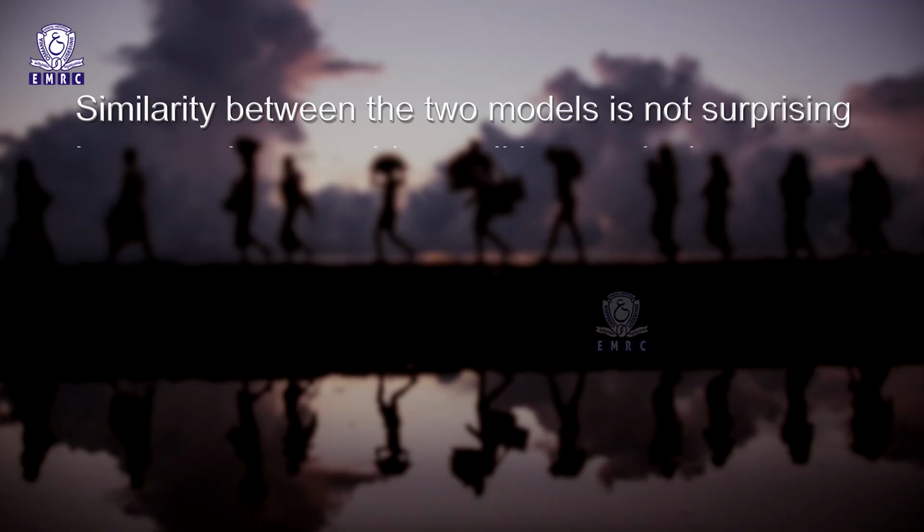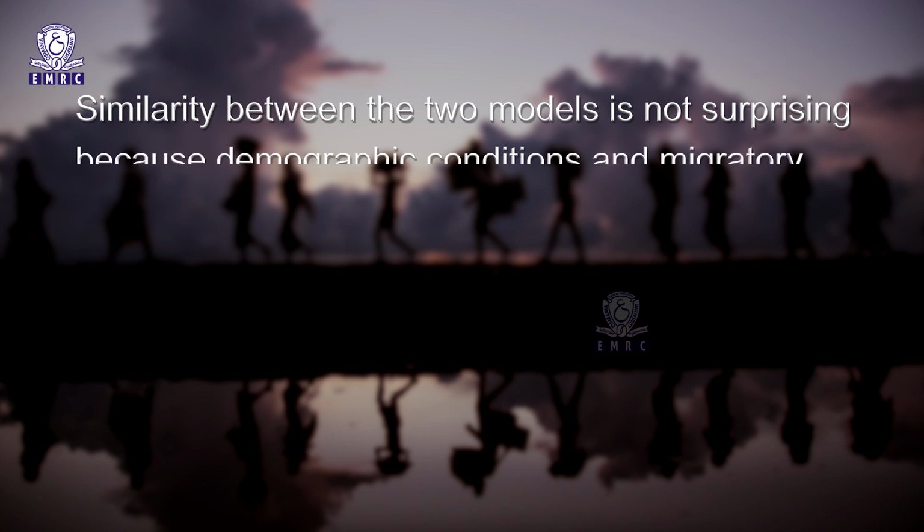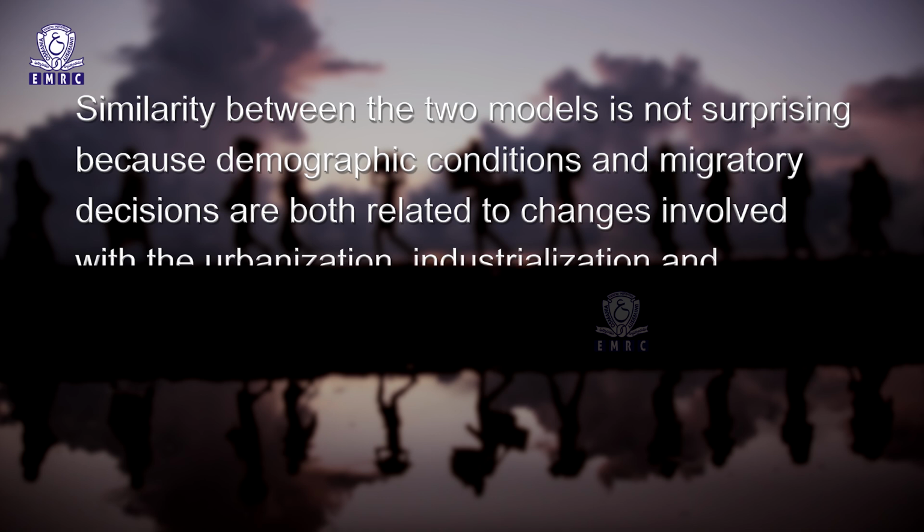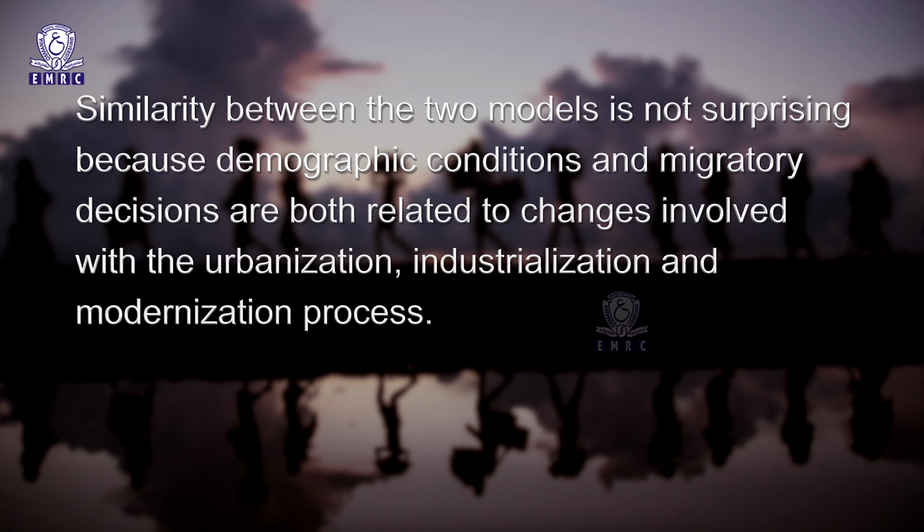The similarity between the two models is not surprising because demographic conditions and migratory decisions are both related to changes involved with the urbanization, industrialization, and modernization process. Zelinsky's generalization about migration has been shown in the figure.